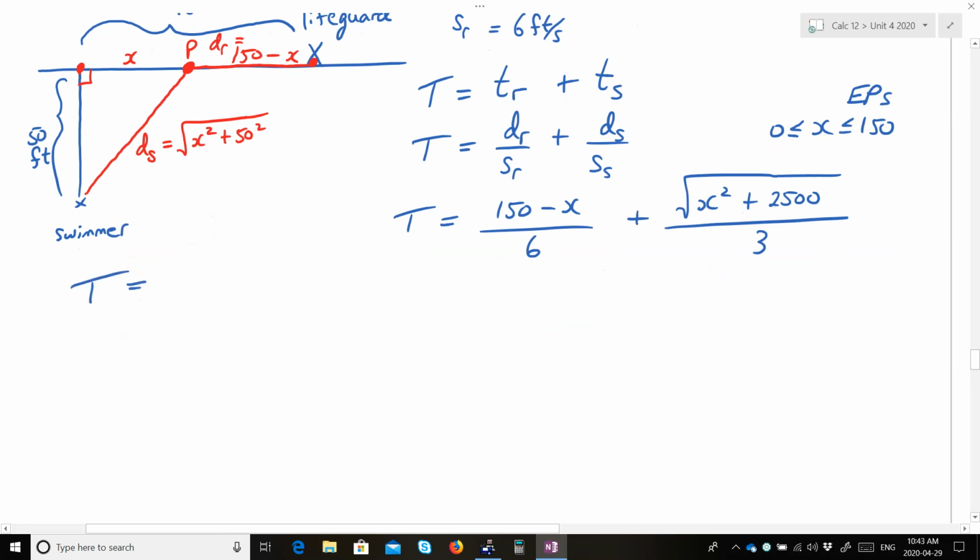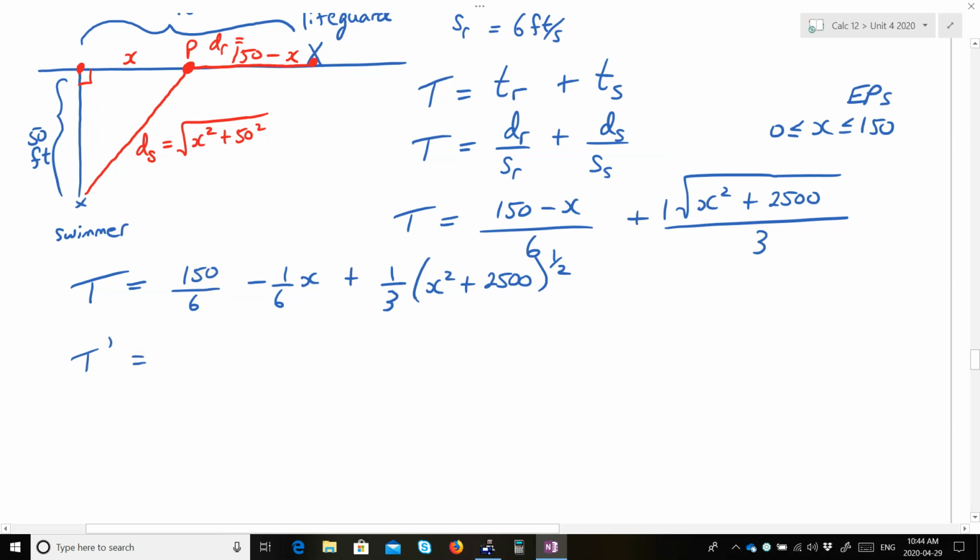So first of all, the t function is 150 divided by 6 minus, or negative x divided by 6 is minus 1/6 x, and then plus, we will have 1/3 in front of x squared plus 2,500 to the 1/2. And now let's do t prime.